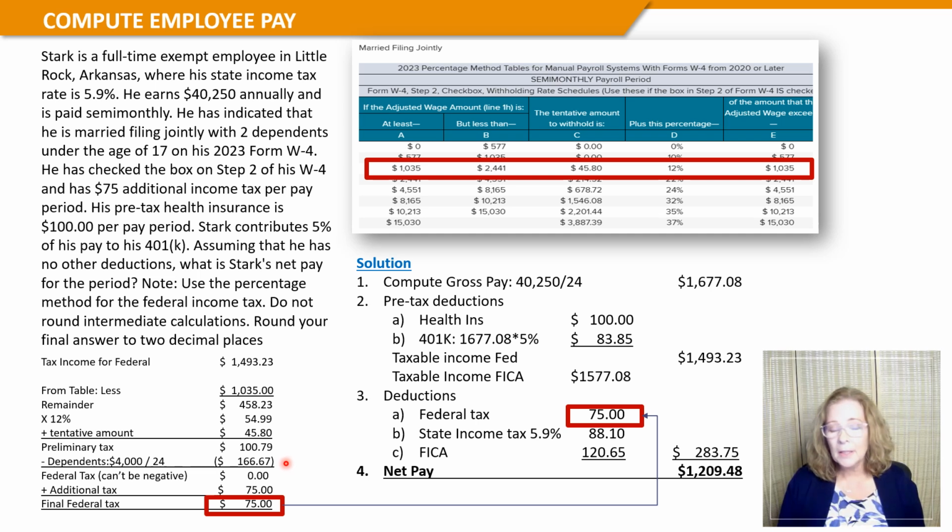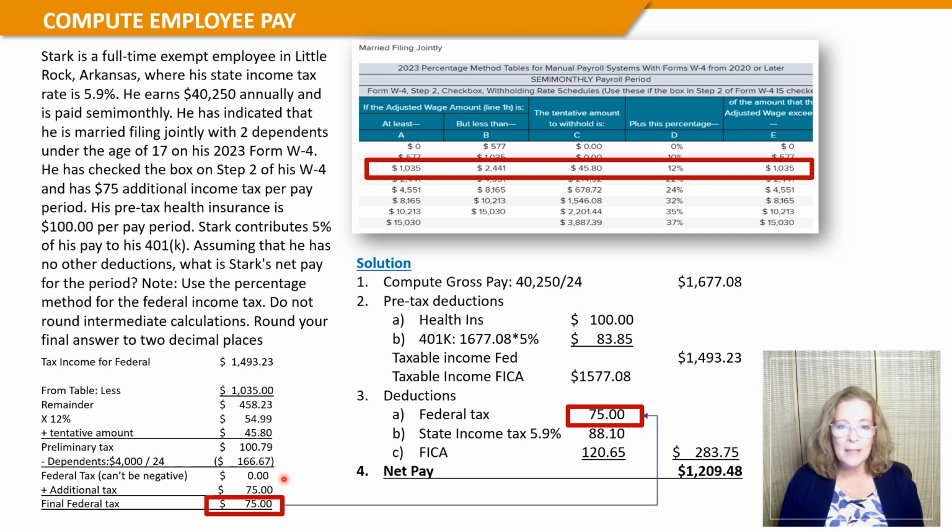Next, we calculate the dependent deductions by multiplying the two dependents under 17 times $2,000, and then dividing the amount by 24 to obtain the semi-monthly amount, which is $166.67. Now, super important, the net amount after subtracting the dependent deductions from the taxes can't be negative.